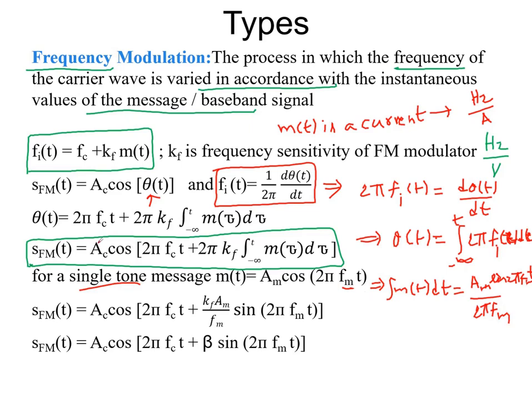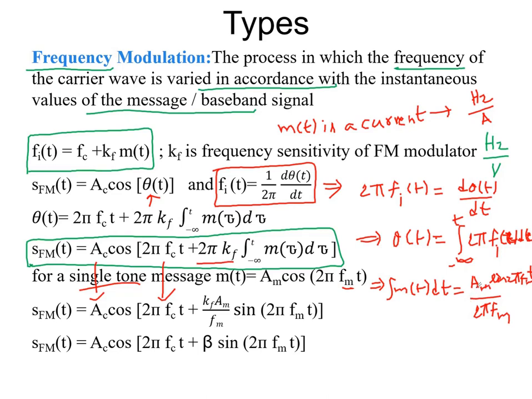But if you observe in this equation, Ac is there, and the same Ac you are dropping down. There is no change in Ac. 2 pi Fc t you are dropping down the same. But here 2 pi kf is multiplied with this integration, and whenever you multiply, this 2 pi will get cancelled.